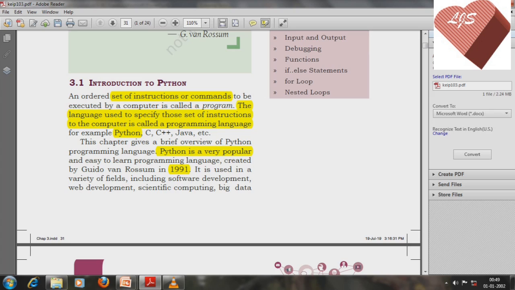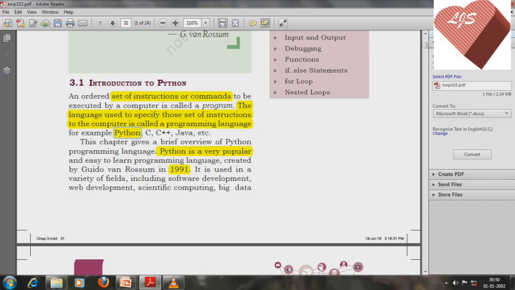A computer cannot work by itself. It needs a set of instructions or commands that are to be specified by the programmer in the form of programming language. Python is one of the programming languages which is very popular and easy to learn.